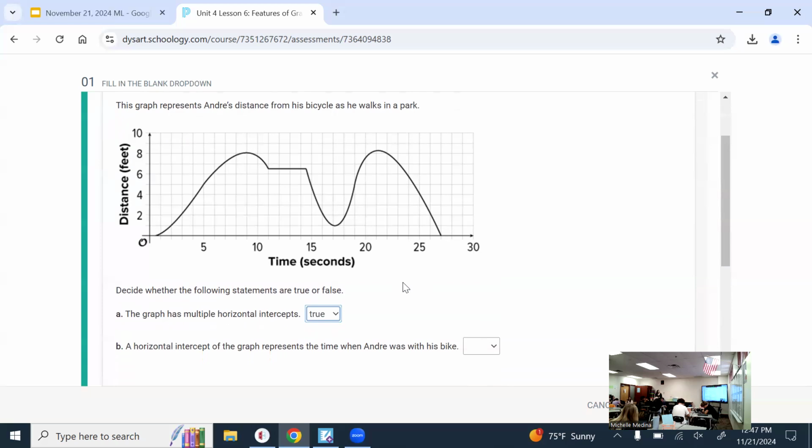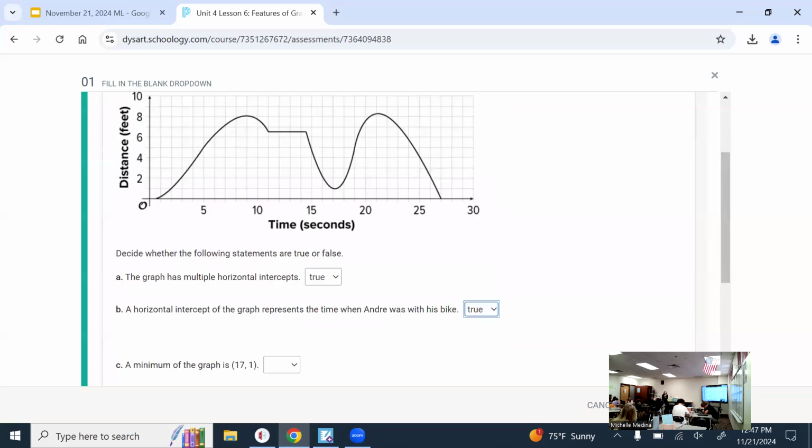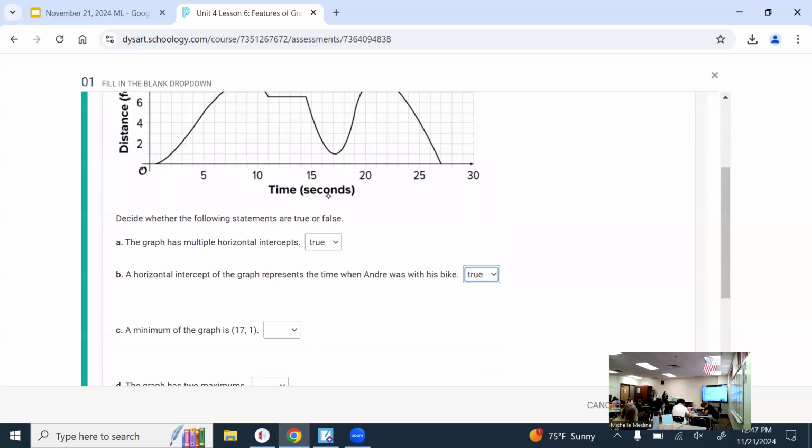So is at least one of the horizontal intercepts where he's with his bike? I would think that that's true. So that's why I have to go back and read. It's distance from his bicycle. So if the distance is 0, then he is with his bicycle. Right? And I would say that for sure.